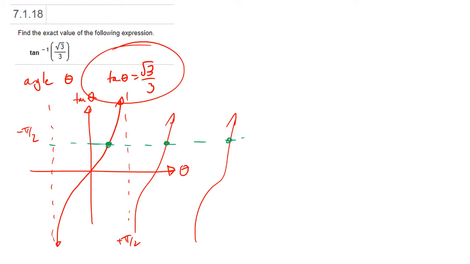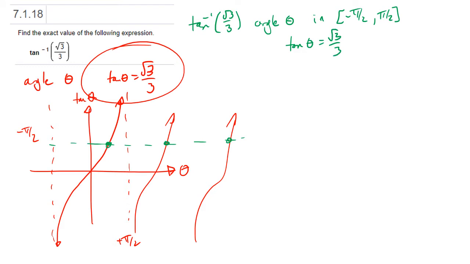So specifically, arctangent of √3/3 is an angle theta in a standard period of tangent, which is from -pi/2 to pi/2, so that the tangent of theta is equal to √3/3. I actually wrote this as a closed interval, but in the case of arctangent, it doesn't really matter.